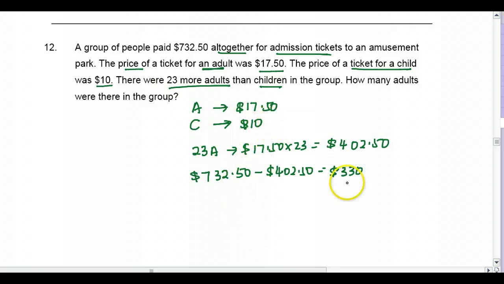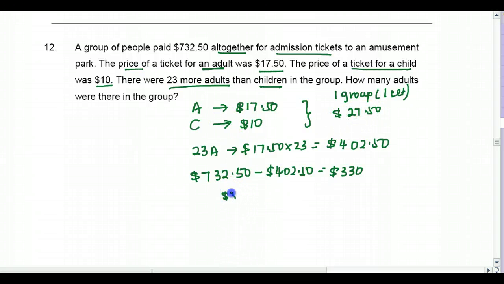Alright, so $330. If I group this up, one set of one child and one adult is $27.50, right? Because one child ticket is $10, one adult ticket is $17.50. So one set of a child and an adult ticket would be $27.50.